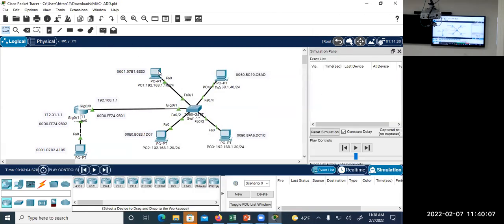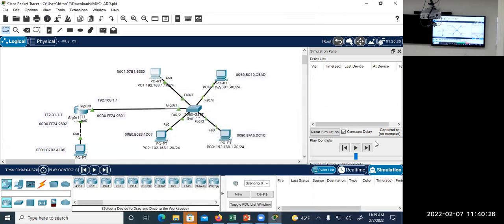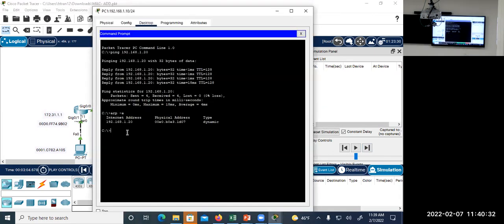The first step here, I want to ping the 20. I have to look it up in my cache. I can check it with ARP right here. So you see, I already have the mapping between the 20 and 1D07 here. So I don't have to send out the ARP anymore. You can see that with the simulation here.